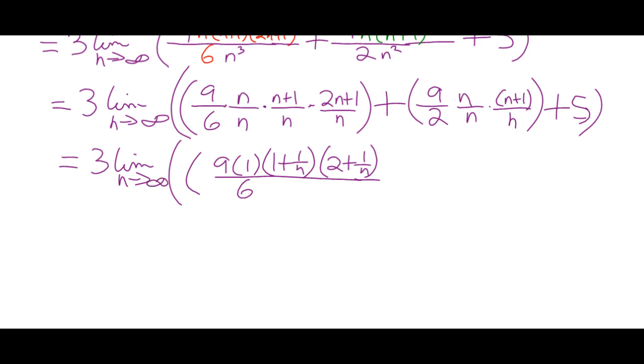Oops, better throw that infinity in there. Right, so next line we get to drop the n approaches infinity because we know that's going to be, there'll be nothing left. Okay, so we've got a 9, so the n over n is 1, and this is 1 plus 1 over n, and a 2 on the bottom, plus 5.